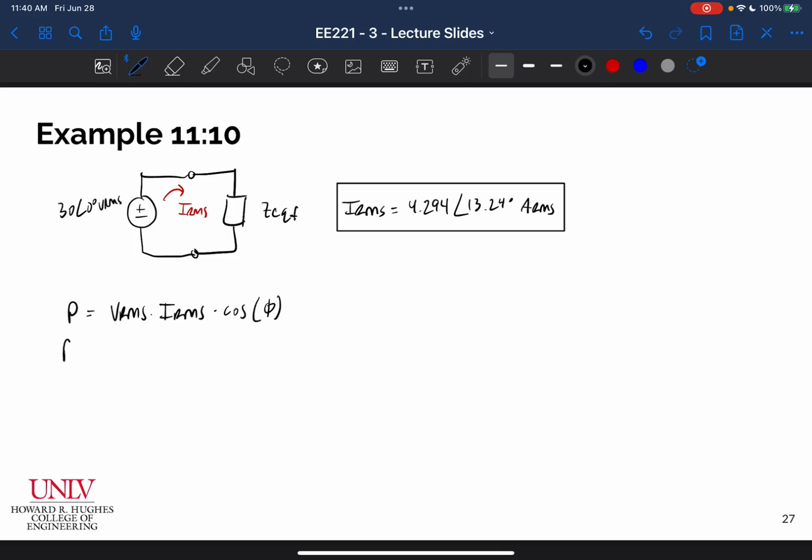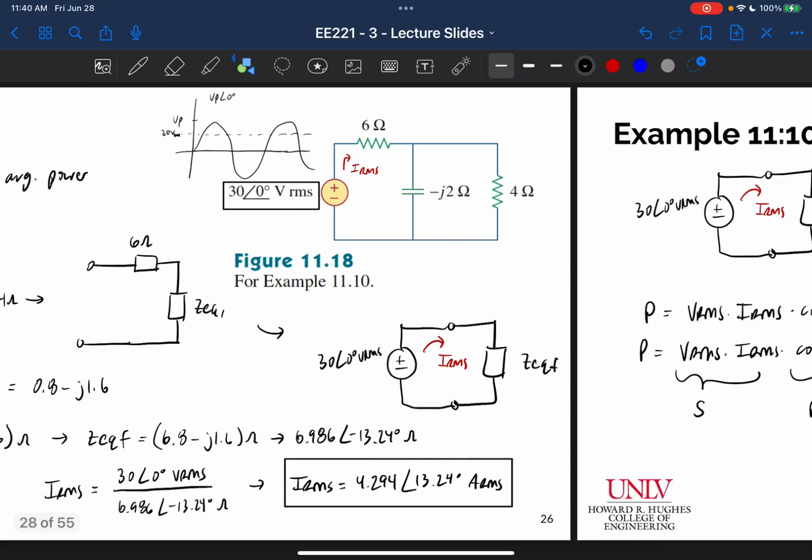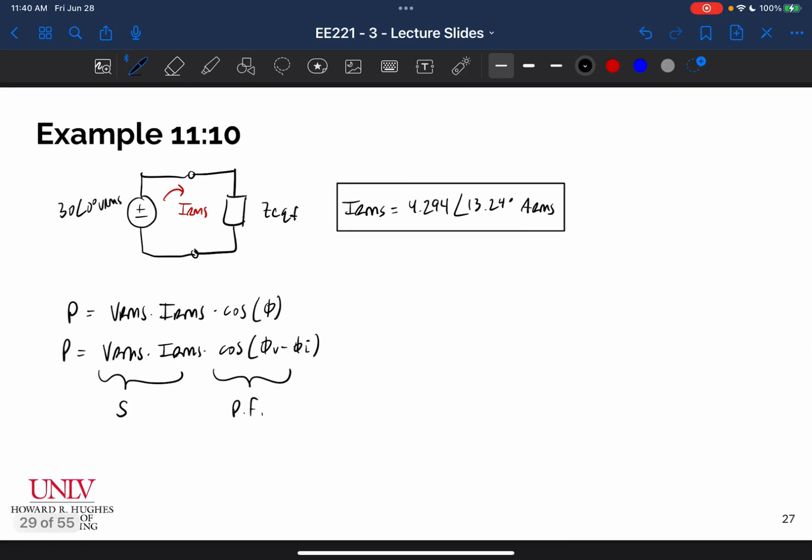Okay, so let's write that out again. In this case, phi v is 0 and phi i is 13.24 degrees. So actually it's probably better to note that this is the apparent power and this is the power factor. This problem also asks us to find the power factor, right here. And so let's just find the power factor first.